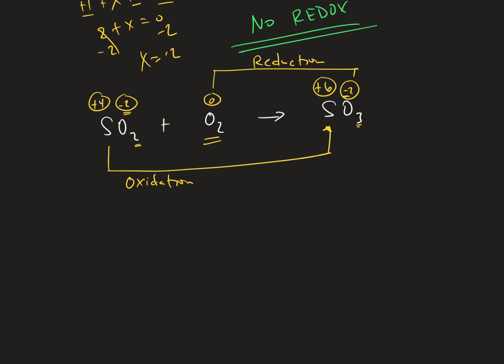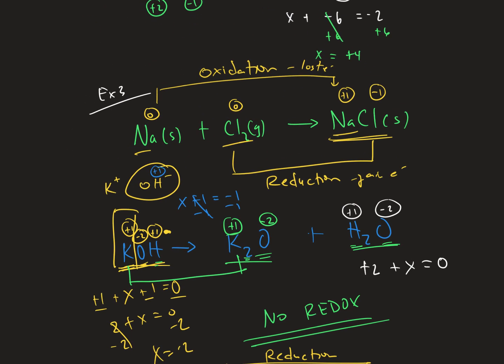Any questions on oxidation reduction? Would you like to try some on your own right now to make sure you can do these? Yeah. We did one right here. It doesn't have a charge on it, the whole thing, but it has potassium and hydroxide.